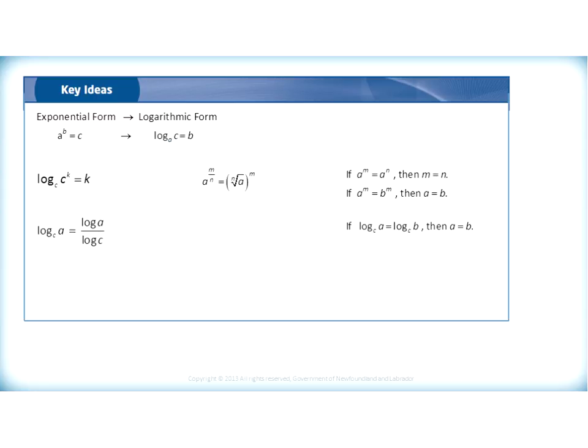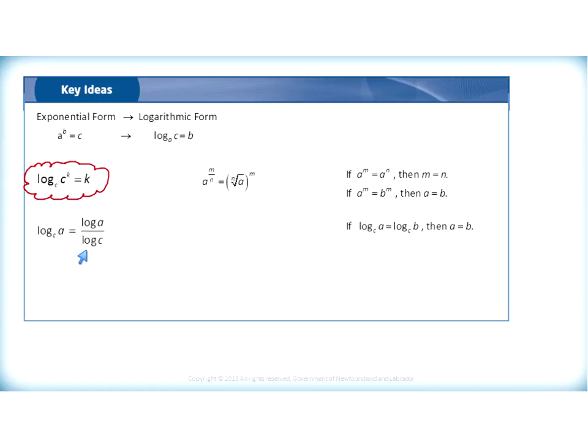The property that I think is most useful here, or one of the most useful properties, is if we can get the log of c to the power of k with a base of c, the base to the power is equal to the base of your logarithm, so the answer is equal to the exponent k. Note that the log of a to base c is equal to the log of a divided by the log of c.